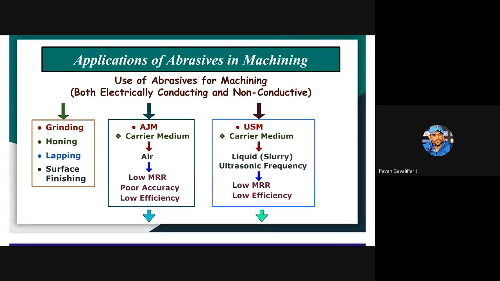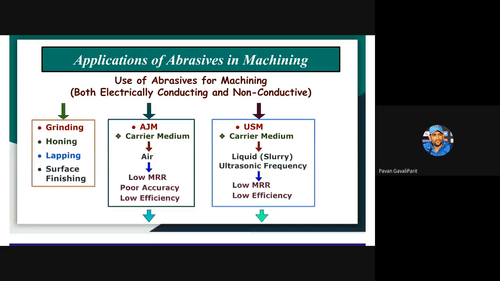If you take the other side of the applications of abrasives in machining, that is advanced machining. In advanced machining, there is abrasive jet machining, where we are using abrasives.